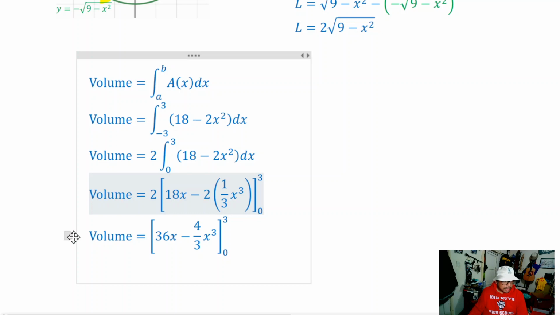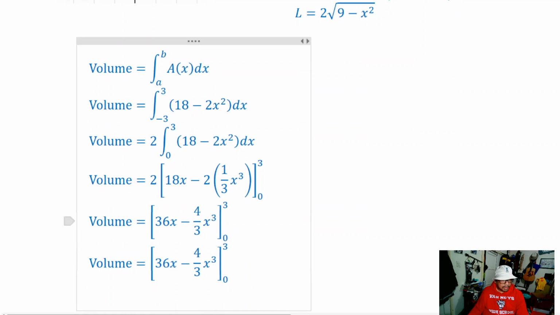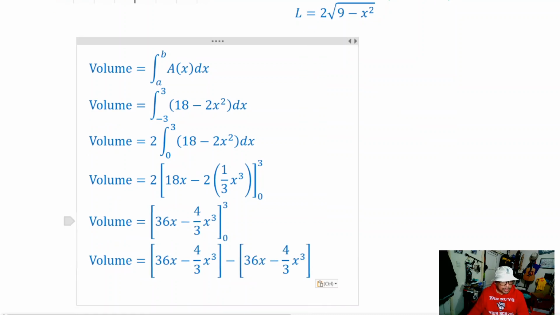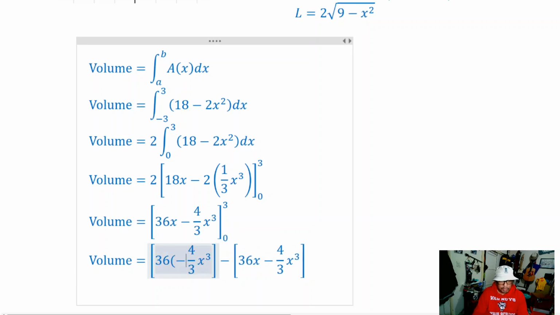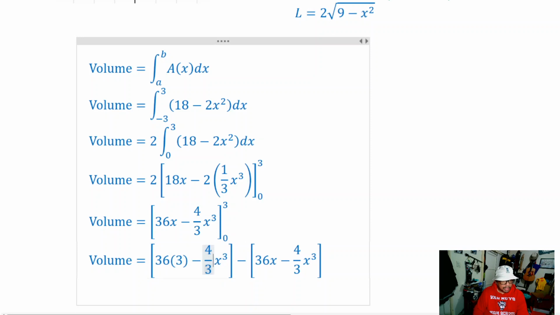Okay, let's substitute. First we'll substitute a 3. We'll change this x into a 3, and we'll change this x into a 3 as well.